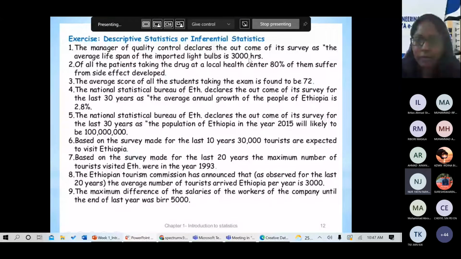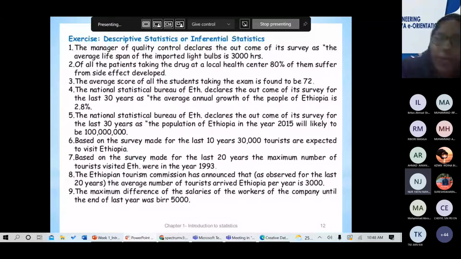Okay, right. Number 2, of all the patients taking the drug at a local health center, 80% of them suffer from side effects developed. So what is the answer? Is it descriptive or inferential? Descriptive.